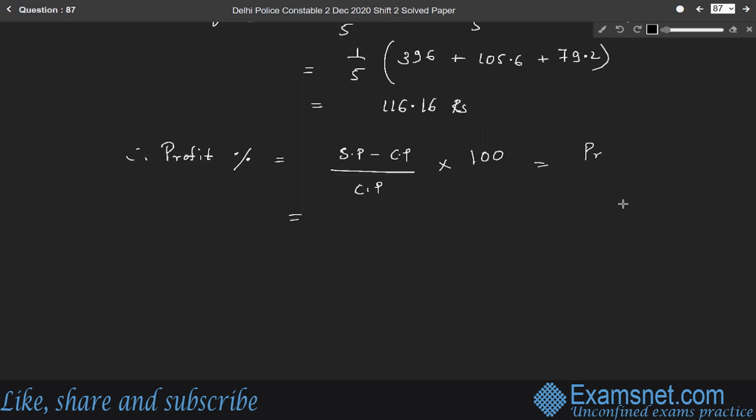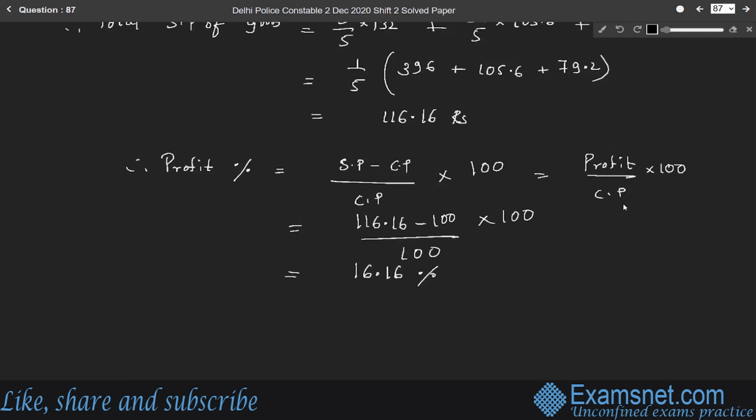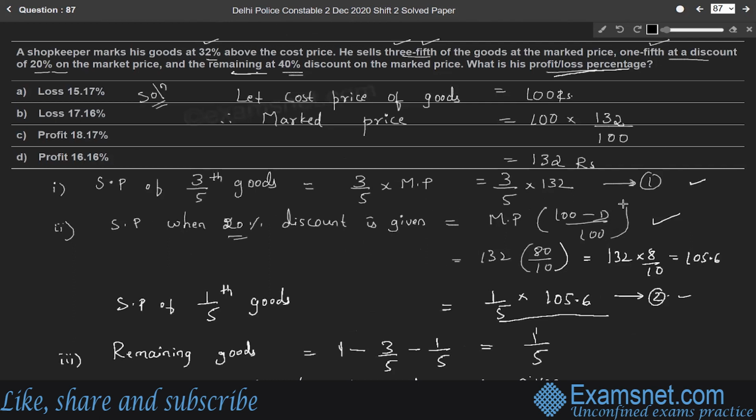In other words, it is profit by cost price into 100. So selling price here is 116.16 minus cost price 100, by 100, into 100. The 100 will get cancelled. So the profit percentage is 16.16%. Therefore, option D is the right answer.